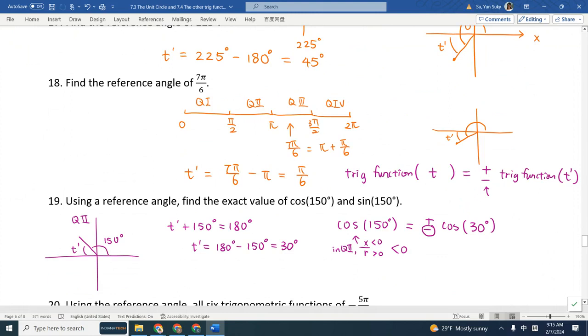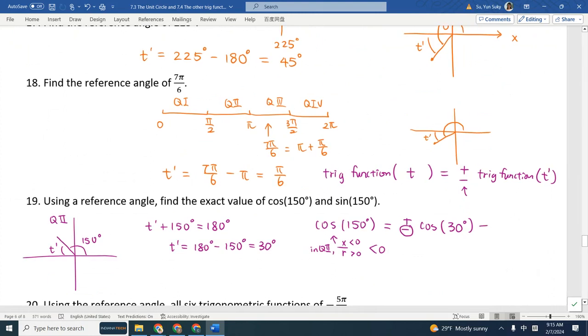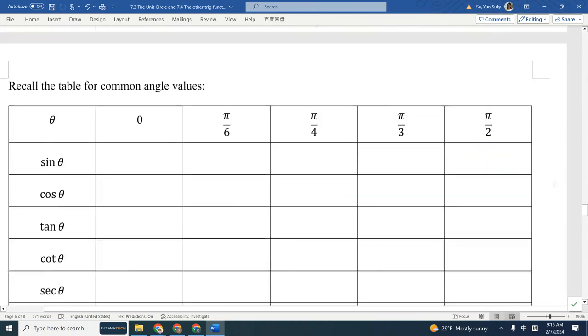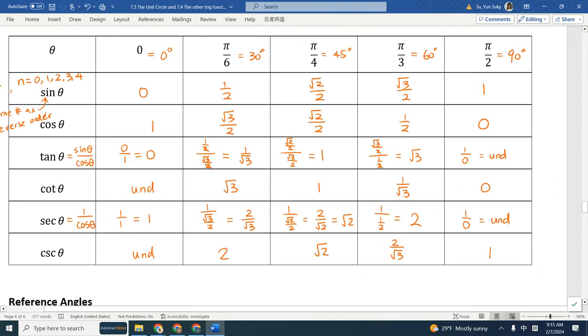The plus or minus, you need to look at the quadrant and express it in terms of x, y, r. Then you can know it. Okay? So now, we know the answer is negative. What's cosine 30 degrees? Okay, now you're going to look at this table. What's cosine 30 degrees?